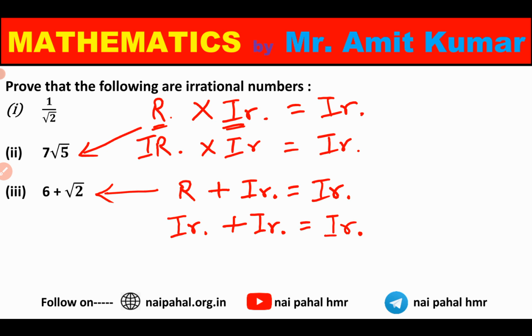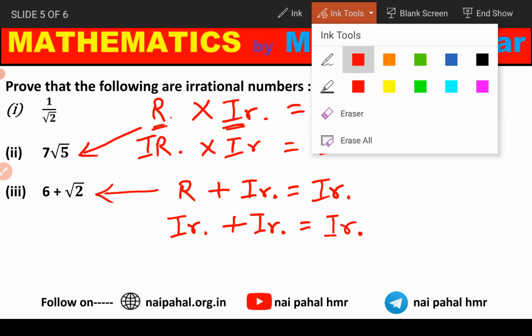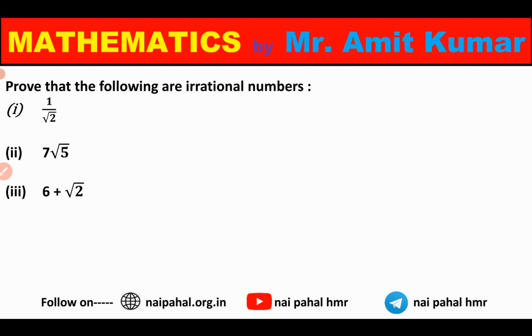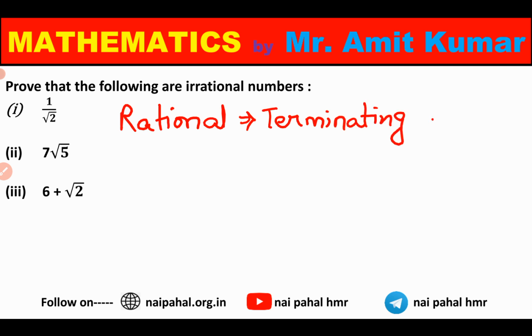What are rational numbers and what are irrational numbers? Rational numbers are terminating, or non-terminating but repeating.